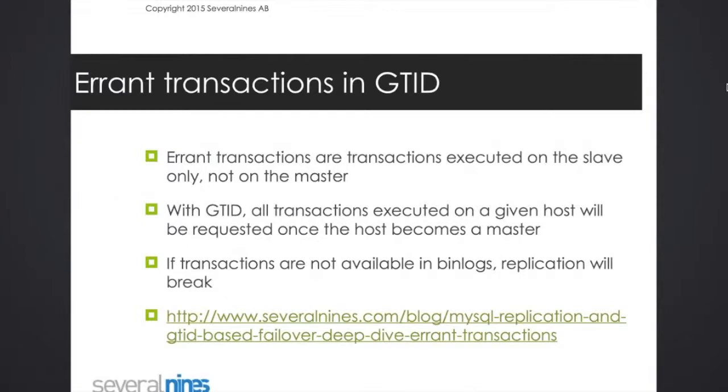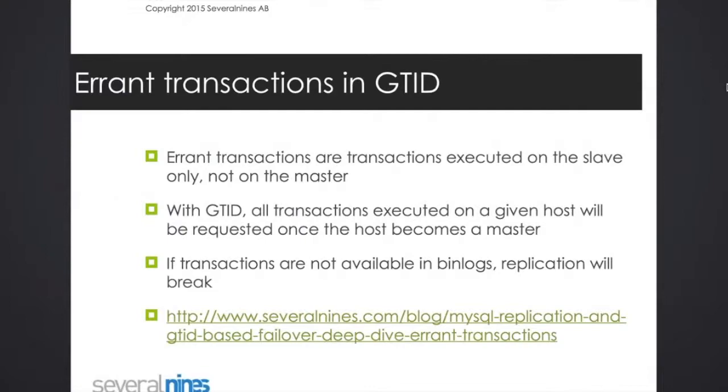Normally, it's not a problem, but with GTID, all the transactions executed on a given host count. So I have a slave, and I executed some transactions on it locally. Then the slave becomes a master at some point because of automated failover, or because I chose it to be the master.